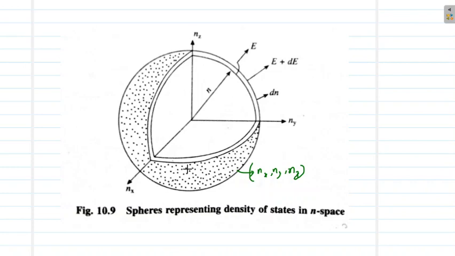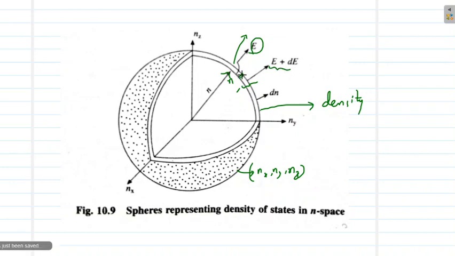Now the density of states is the number of states in an energy interval. So we first draw a sphere of radius n, and the surface of the sphere corresponds to degenerate states with the same energy E. All the points within that sphere have energy less than E. To consider the number of states in a small energy interval, we consider a small narrow strip at the surface, from E to E plus dE.